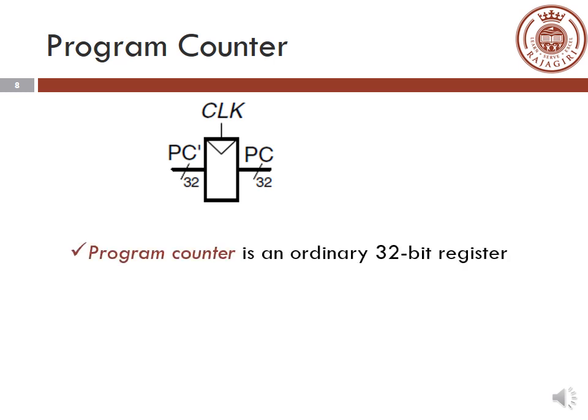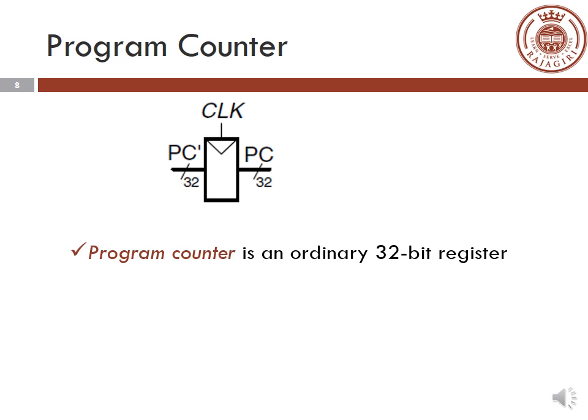So the first state element to be considered is your program counter, and it is one of the most important elements in your MIPS processor. The program counter is defined as a 32-bit register which holds the location, that is the address, of the current instruction being executed.